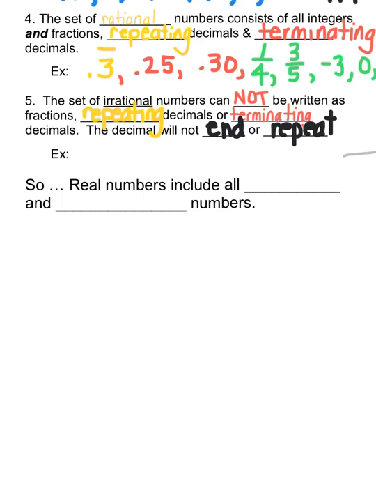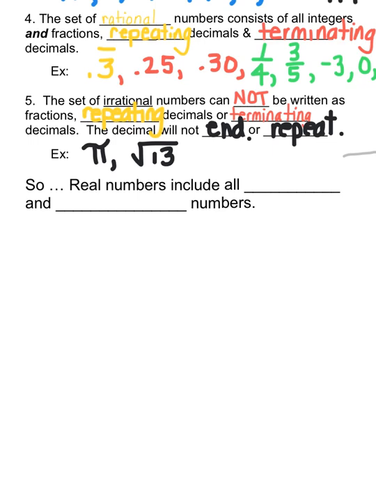There are some famous irrational numbers, such as the relationship between the diameter of a circle and its circumference, and that is the number pi. It's an irrational number because it does not end and it does not repeat. If you put the square root of 13 in your calculator, you'll see that the square root of 13 does not repeat itself and it does not end.